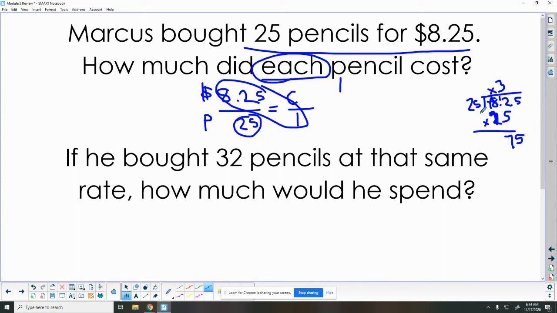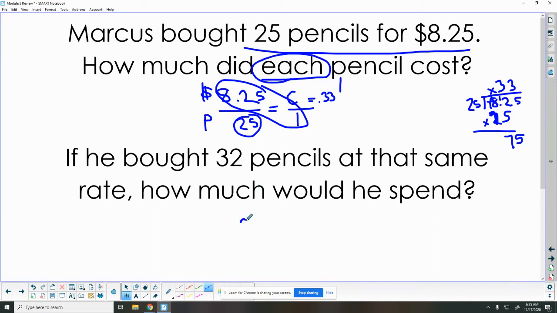Bring down the 5, and it goes into 75 3 times. So every pencil cost 33 cents. And when I bought 25 of them, I spent $8.25. So now if he bought 32 pencils at that same rate, how much would he spend? So see if you can finish that problem.